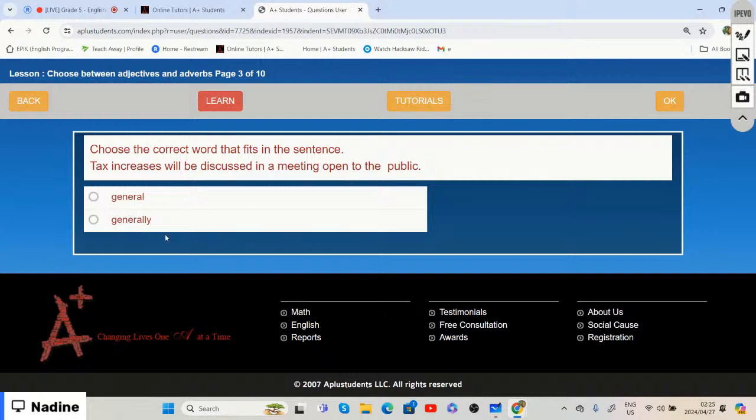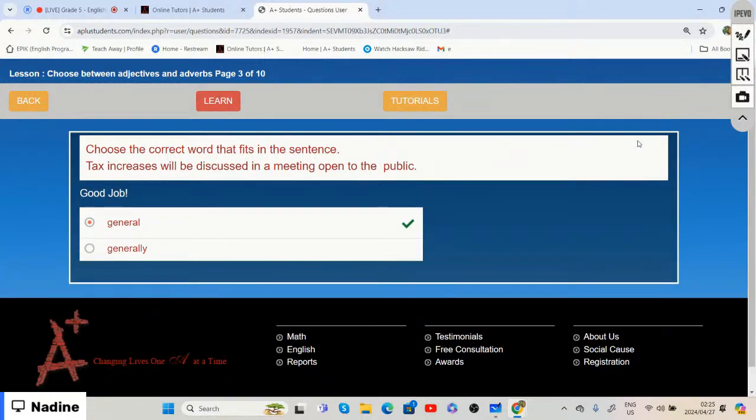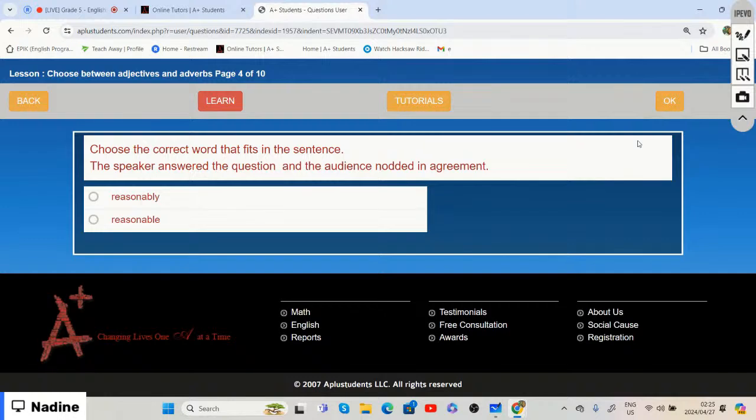Yes. That is correct, because when we say tax increases will be discussed in a meeting open to, remember general public is to do with the people, right? So we can say general public. So well done. General is correct.